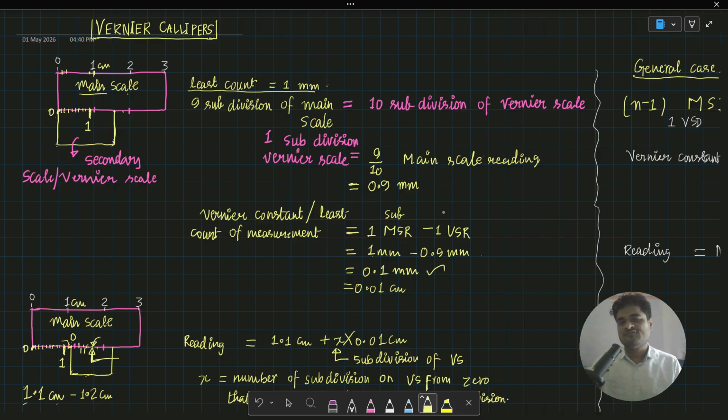So 9 subdivisions of main scale is equal to 10 subdivisions of Vernier scale, and from here we get 1 subdivision of Vernier scale, which will be 9 by 10 of main scale reading.